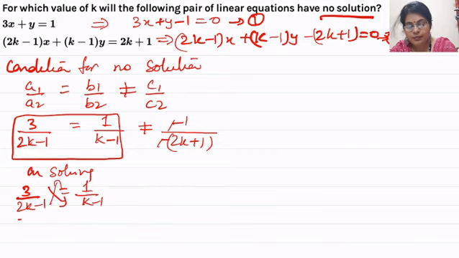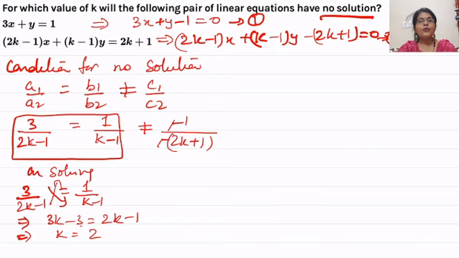This implies 3k minus 3 is equal to 2k minus 1. It implies that 3k minus 2k is k, and minus 3 goes there and becomes plus 3, and plus 3 minus 1 is 2. So we get the value of k is equal to 2.